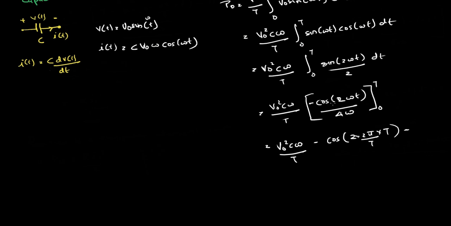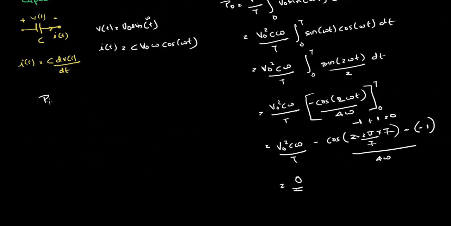So cos 0 is 1, so it will become minus of minus 1. This whole divided by 4 omega. So this is cos 4 pi, which is equal to 1. So it will be minus 1 plus 1, so that is equal to 0. So the power dissipated in a capacitor is equal to 0.